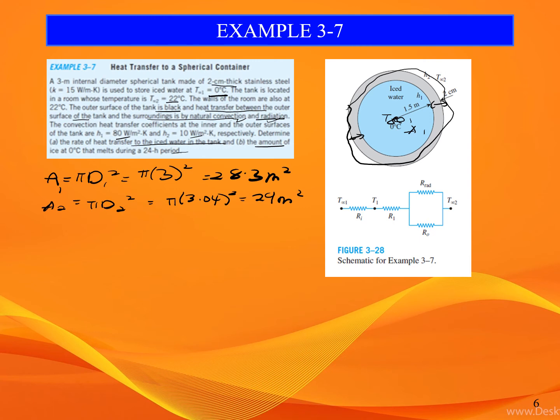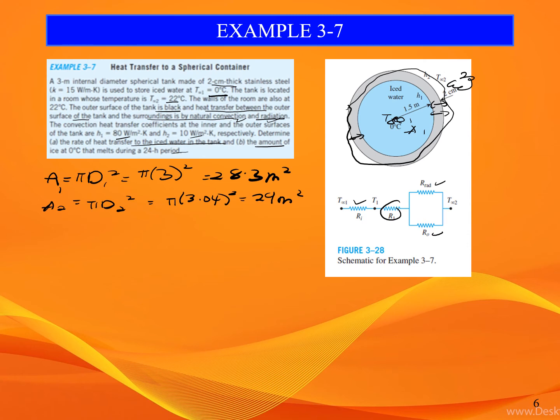So Ri is convection, then T1, R1 is the stainless steel layer. Then the Ro is outside here, which occurs simultaneously with heat of radiation. Then we need to draw this parallel network, and lastly T infinity 2.